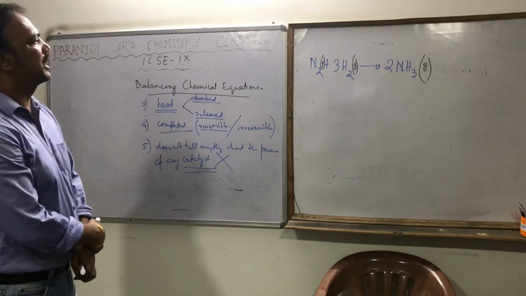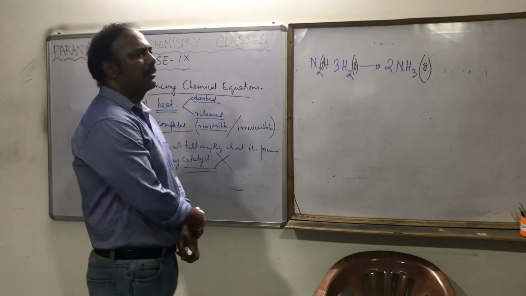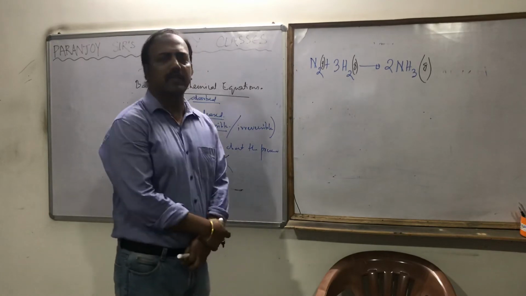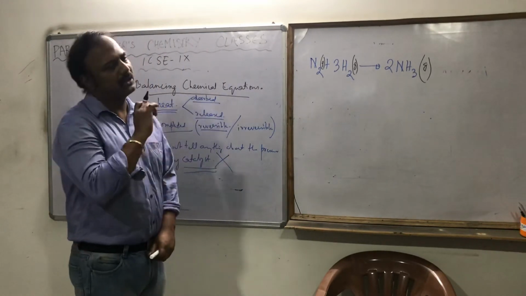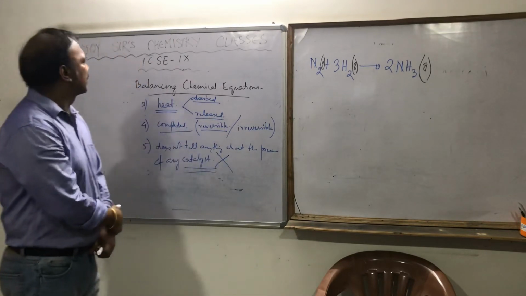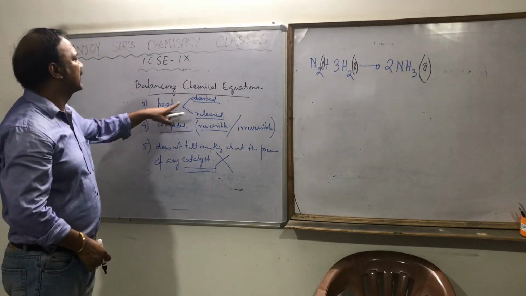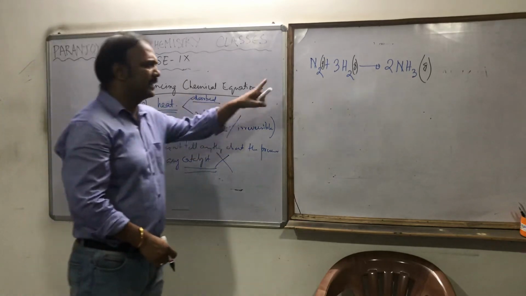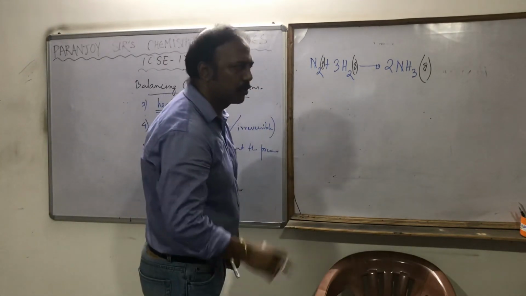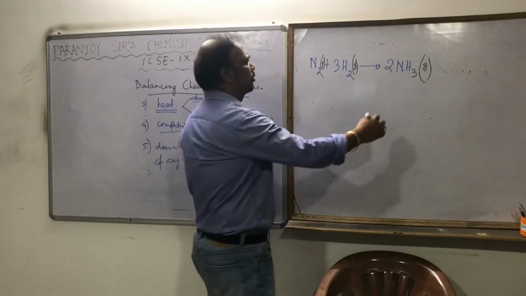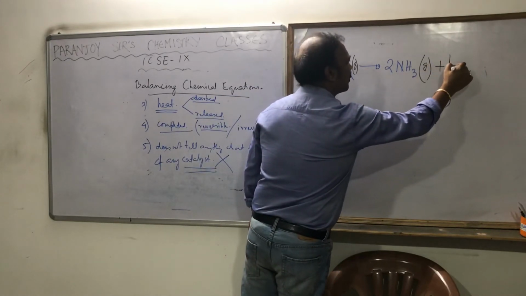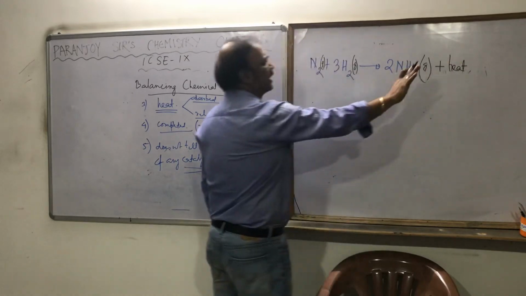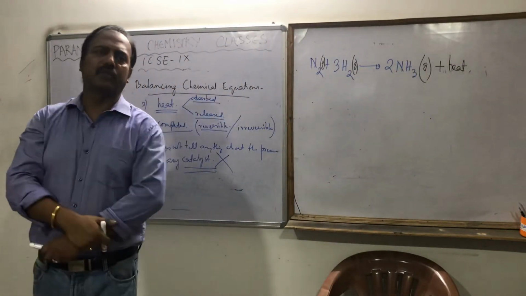The second limitation is that it cannot tell anything about the speed of the reaction. The third limitation is whether the heat is absorbed or released. In this case the heat is released, meaning produced. So I will write plus heat here. It shows that heat is produced.